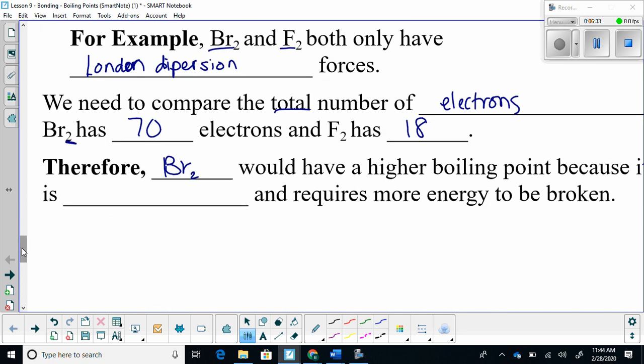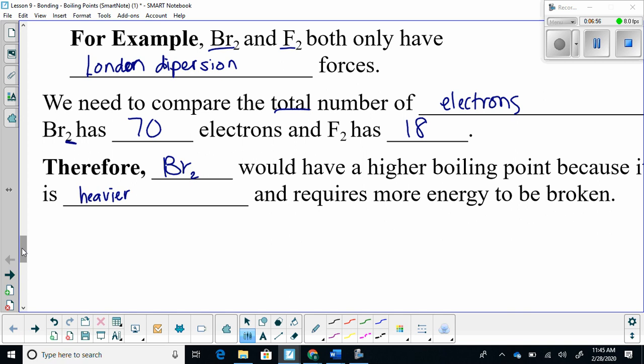And the reason being is because it is heavier. Okay, so think about it like this. As a molecule gets heavier, it requires more energy, okay? And energy in science means heat, okay?